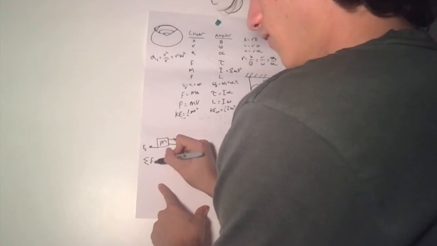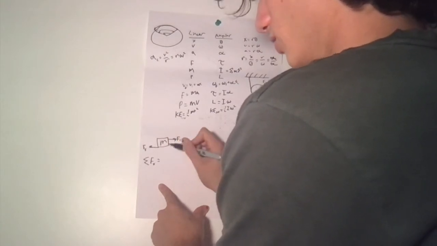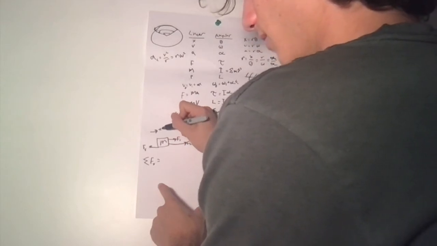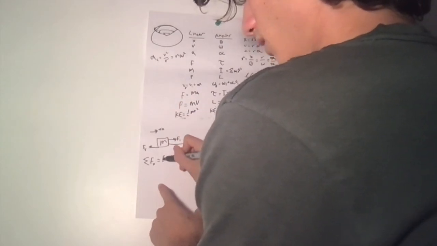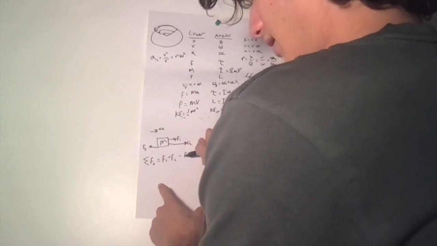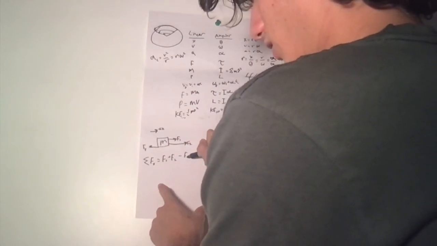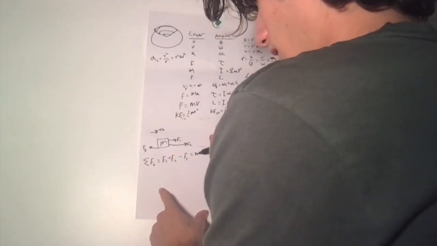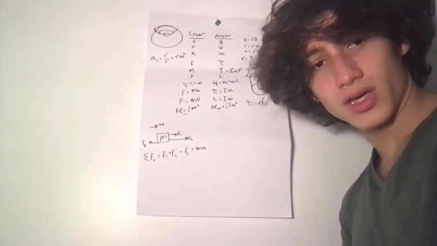So the sum of forces in the x direction, if we define this to be positive x, should be equal to F1 plus F2 minus F of friction, which we're going to call static friction. And this should be equal to mass times acceleration, right?